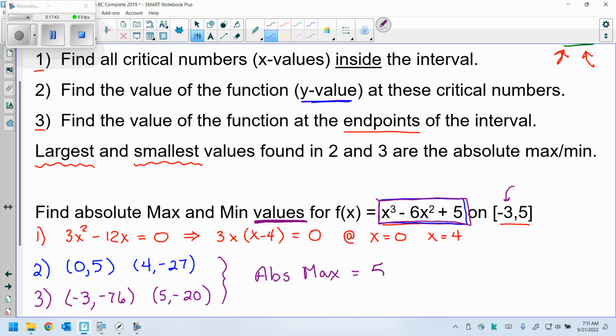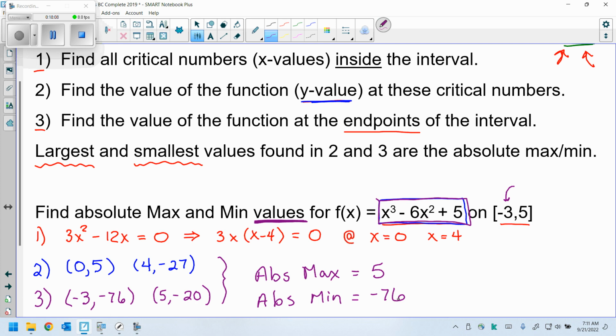That's the biggest y that was achieved inside the interval or at the endpoints. And the absolute minimum value, the smallest y value that I got anywhere in or on this interval. Hope your numbers agree with mine.